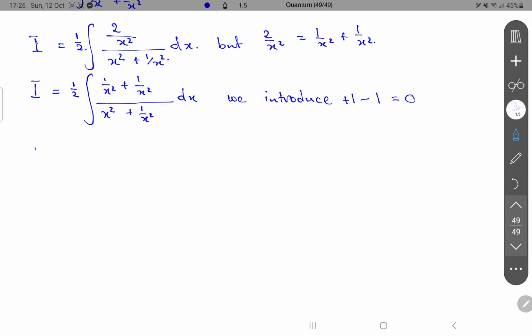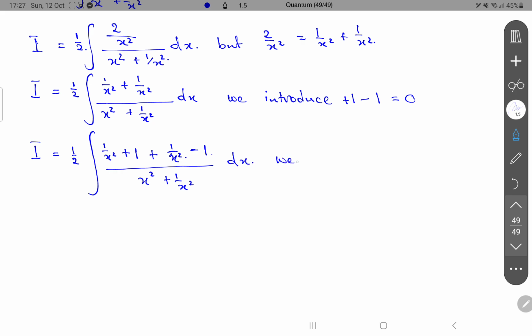The integral is going to be a half, the integration of 1 over x squared plus 1 over x squared, minus 1 over x squared, all over x squared plus 1 over x squared dx.